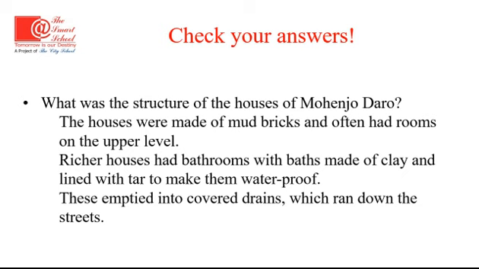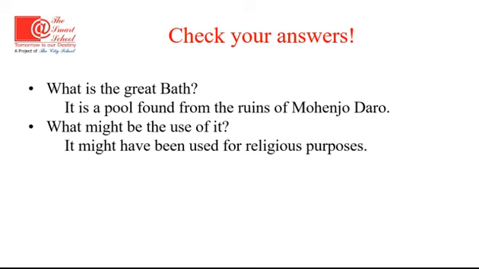Richer houses had bathrooms with baths made of clay and lined with tar to make them waterproof. These emptied into covered drains which ran down the streets. What is a Great Bath? It is a pool found from the ruins of Mohenjo-daro. What might be the use of it? It might have been used for religious purposes.